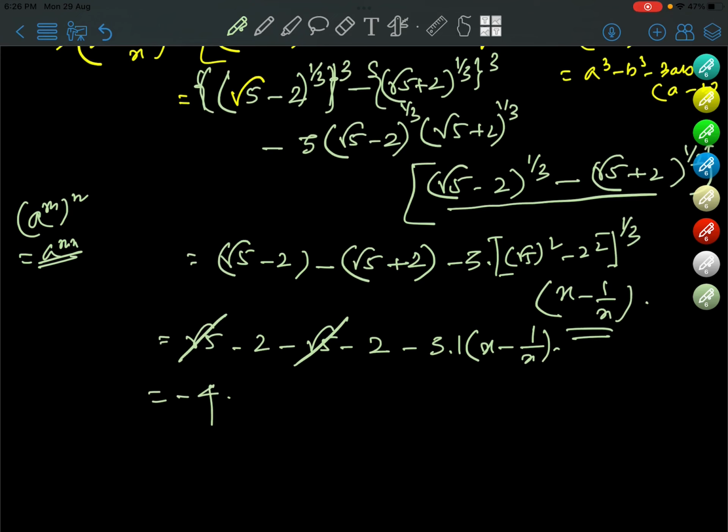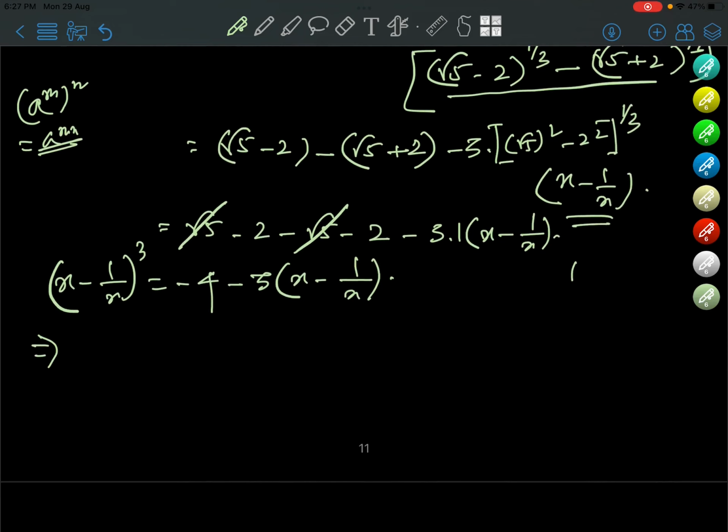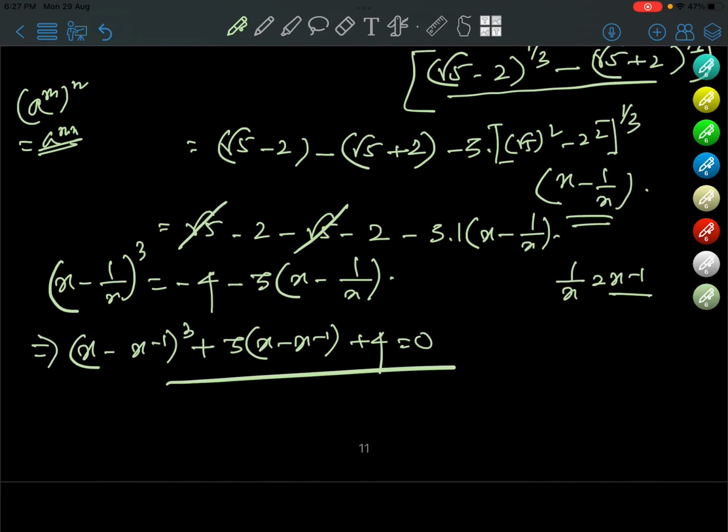Now minus 4 minus 3 into (x minus 1 by x) equals x minus 1 by x whole cube. Now 1 by x we can write as x to the power minus 1. So x minus x to the power minus 1 whole cube plus 3 into (x minus x to the power minus 1) plus 4 equals 0. Proven.